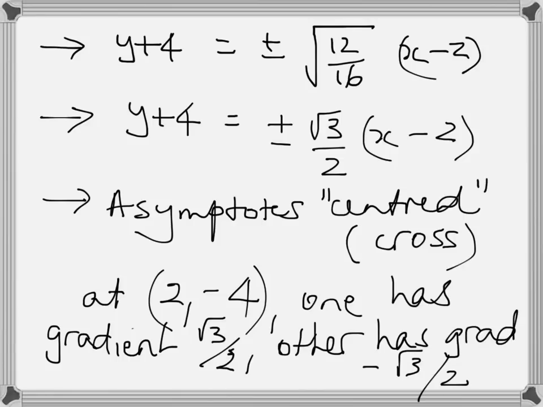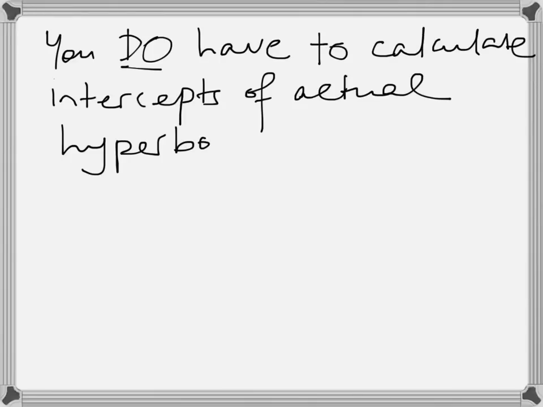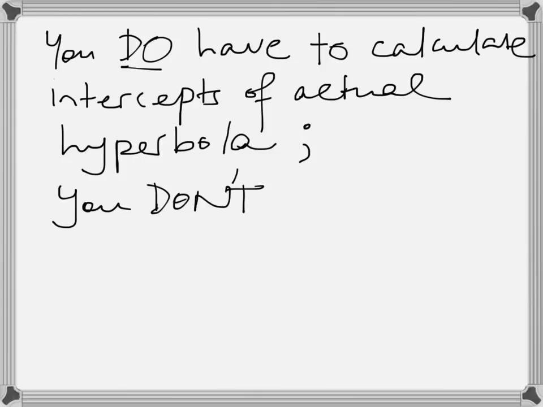My goodness, we're cooking along well here. Now, what else do we need to know? Oh, the intercepts. There's a bit more information here for you. You do have to calculate the intercepts of the actual hyperbola, and you have to write them in exact form, unless they tell you otherwise, which they never will.